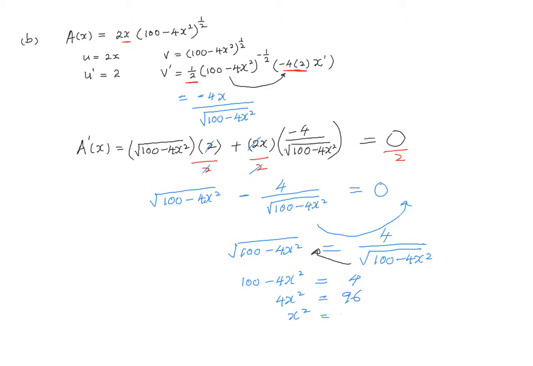Is Miss Do doing the right thing? 24. All right? So x must be greater than 0. Therefore, x is equal to square root of 24. Am I right?